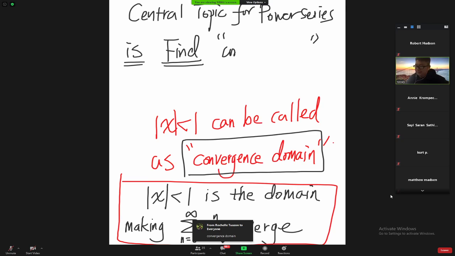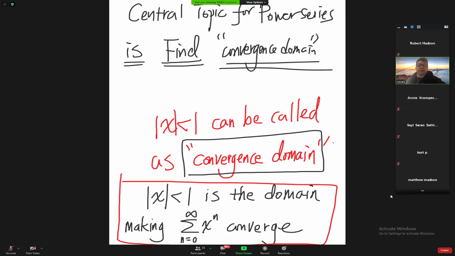Convergence domain, right? Find the convergence domain. You will see a lot of questions: find the convergence domain for this power series, for the other series, for this series. What is the convergence domain? From this example, we are clear, right? That's some part of the region that makes the series converge. Outside of this region, the series diverges. Is that clear?